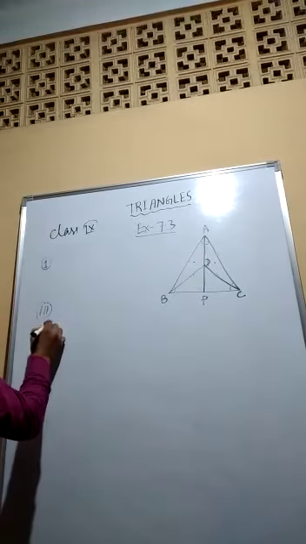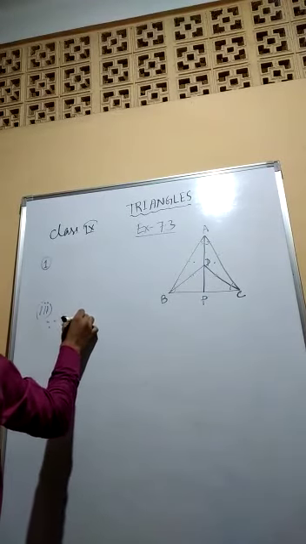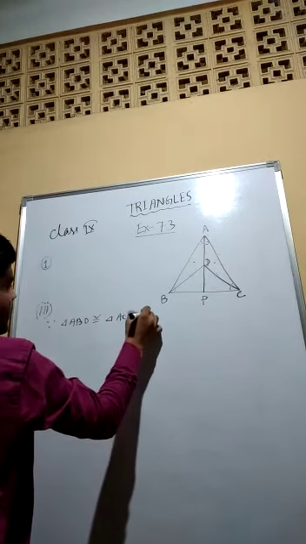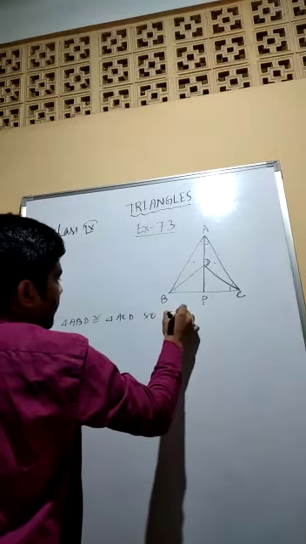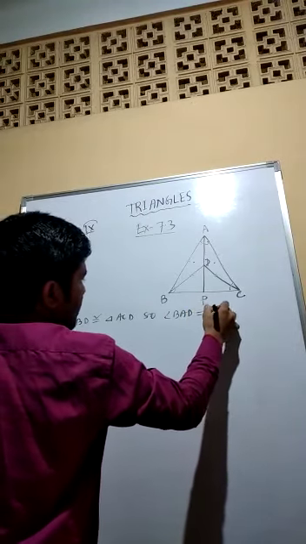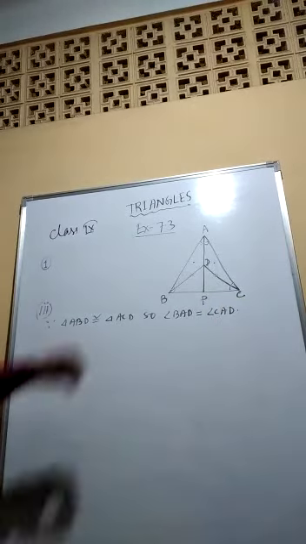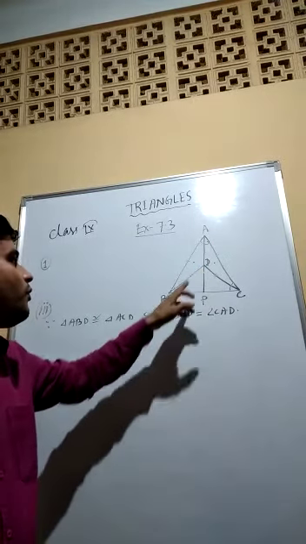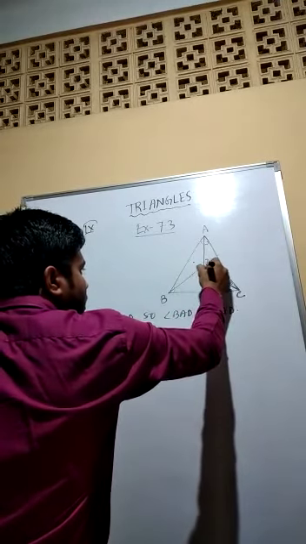So if you want, you can write, since triangle ABD is congruent to triangle ACD, angle BAD equals angle CAD by CPCT actually. That means these two angles are equal. So AD bisects the angle. And what do we need to prove? This AP bisects this angle D also. That means these two are equal.